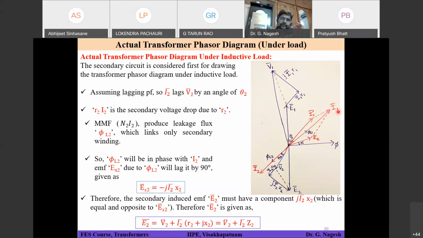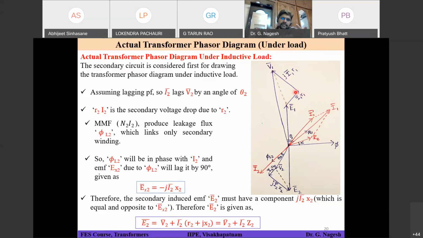When the primary current is flowing in an actual transformer, since it's a winding, there will be some amount of resistance. When resistance is there and current is flowing, some voltage drop across the resistance should be there. That voltage drop is I1 into R1.